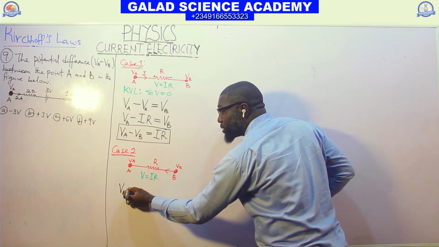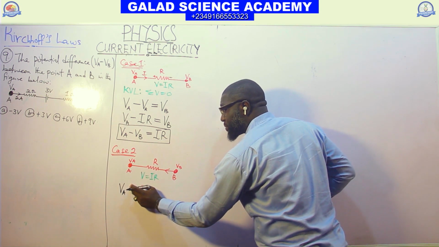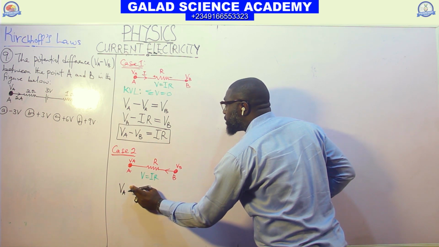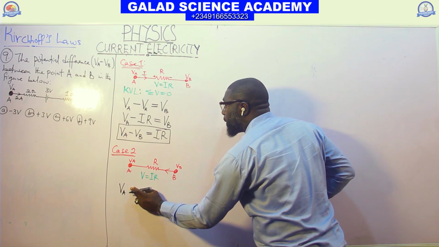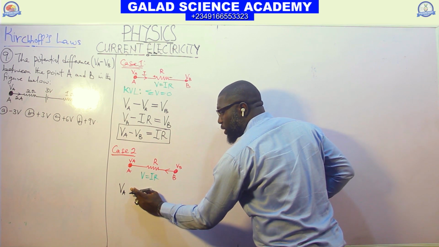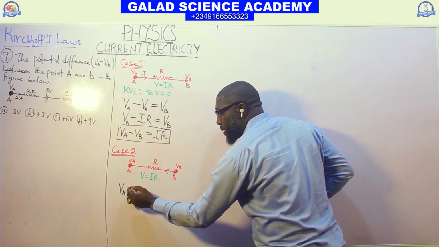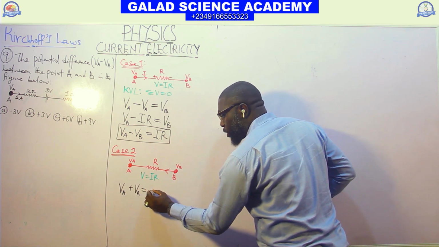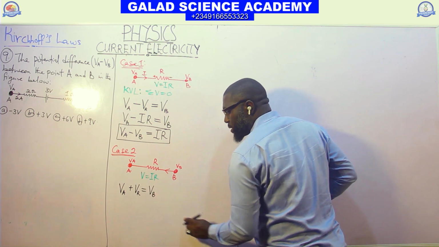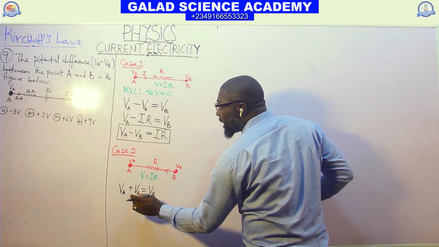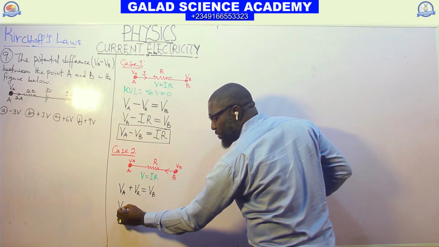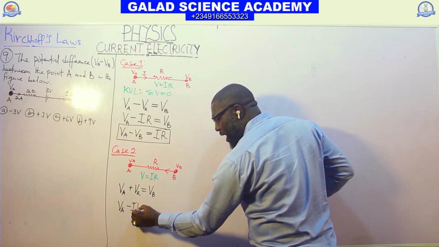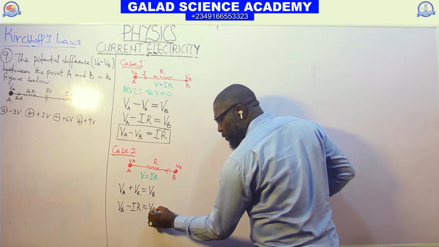This one will be VA. VA plus VR will be equal to VB. So change this, you now have VA minus IR equal to VB.